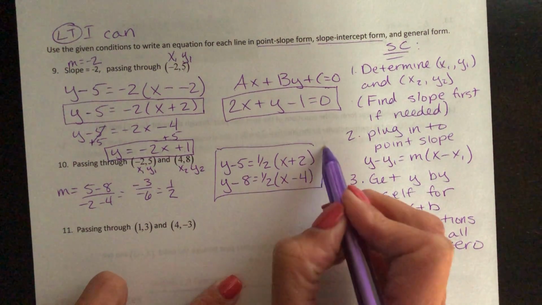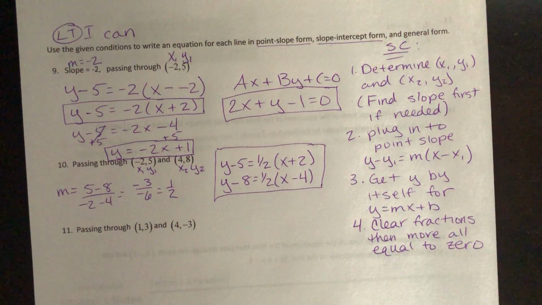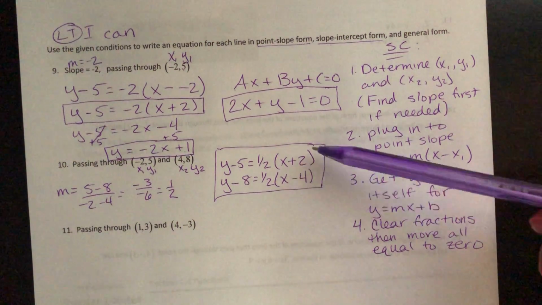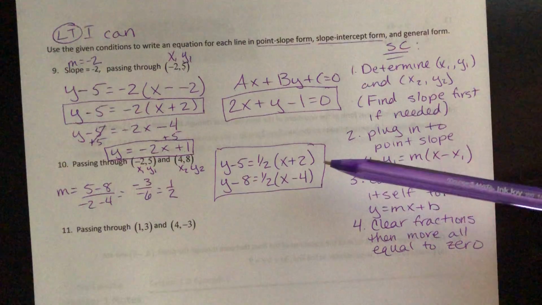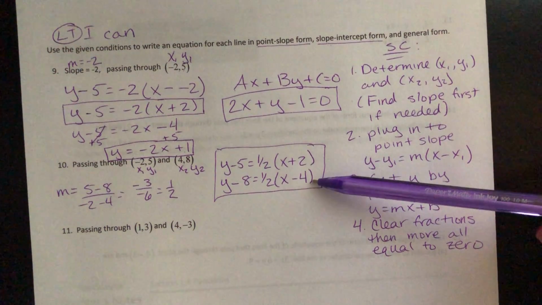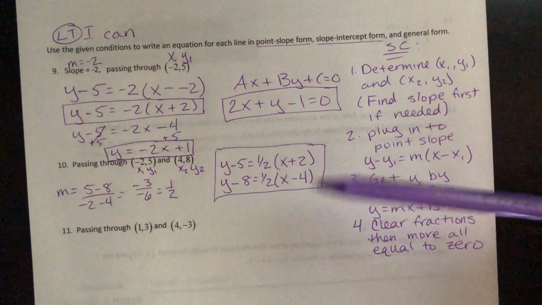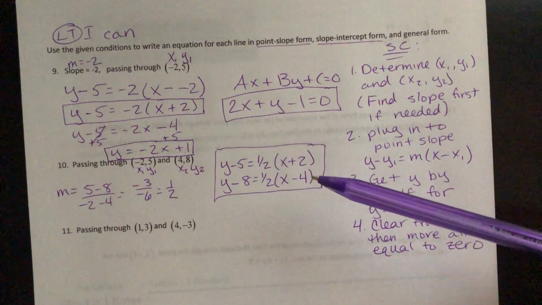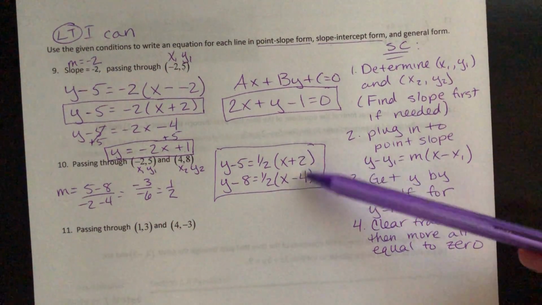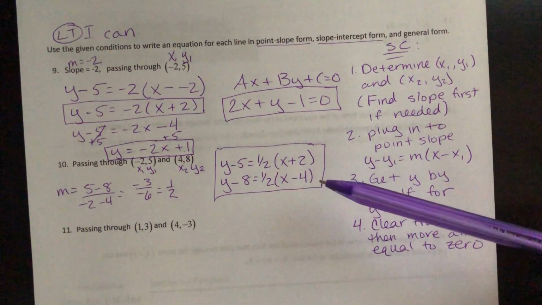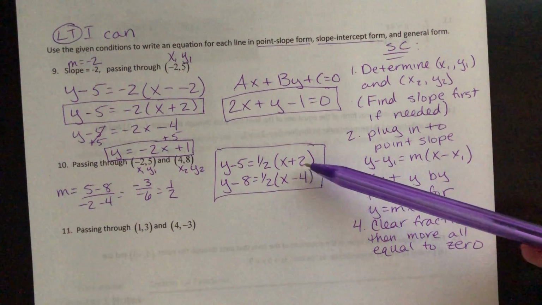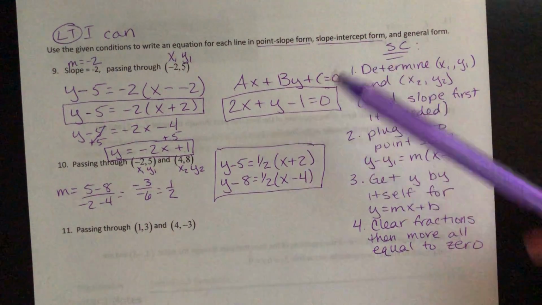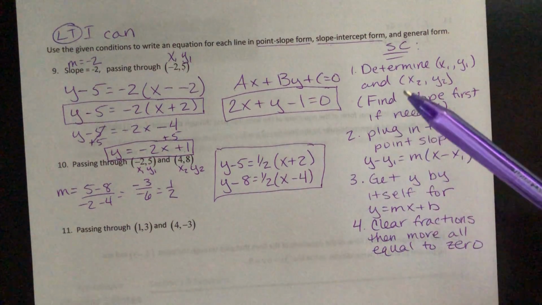So there's your point slope form. Now, when you convert these to slope intercept form, you're going to end up with the same answer. It's the same line. So depending on which one you use, it doesn't matter, because when you put it into slope intercept form, you end up with the same equation.